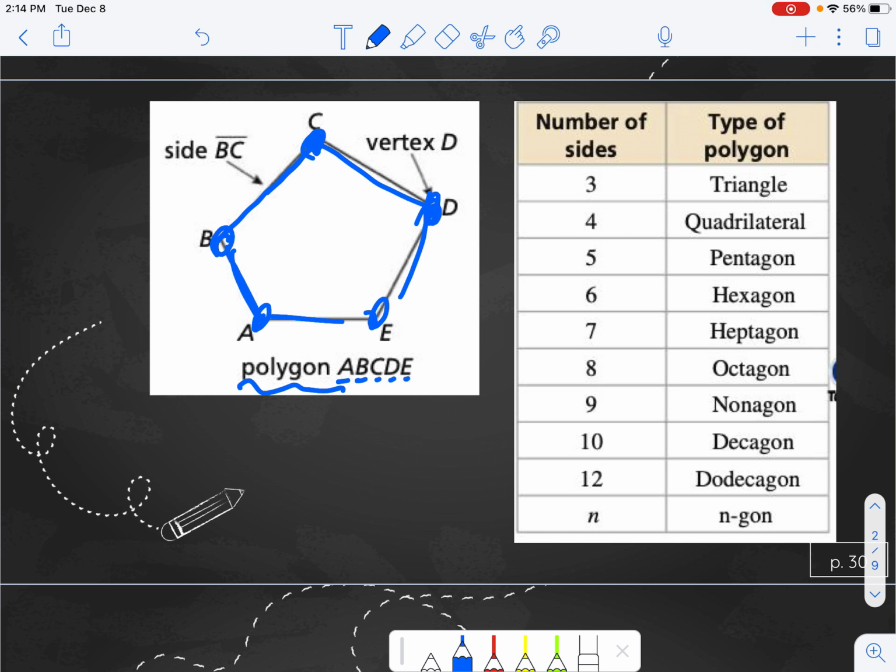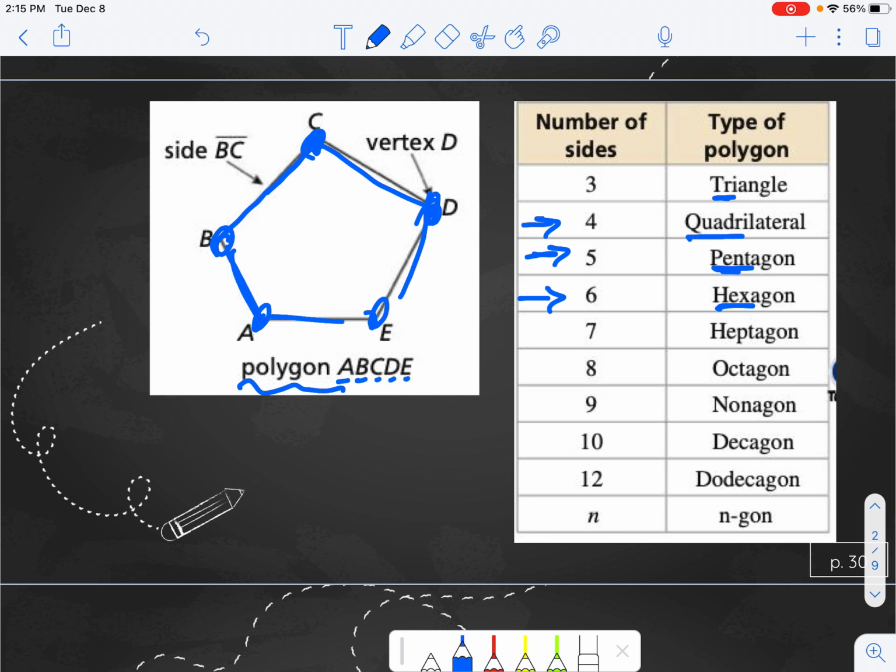Types of polygons. I'm not going to expect you to have all of these memorized, but a triangle, we know, because the beginning of it starts with tri, 3. Quadrilateral is a 4-sided figure. Penta, 5.